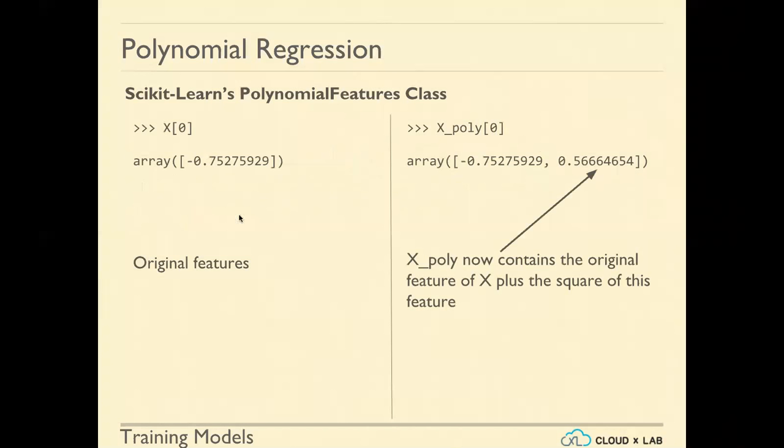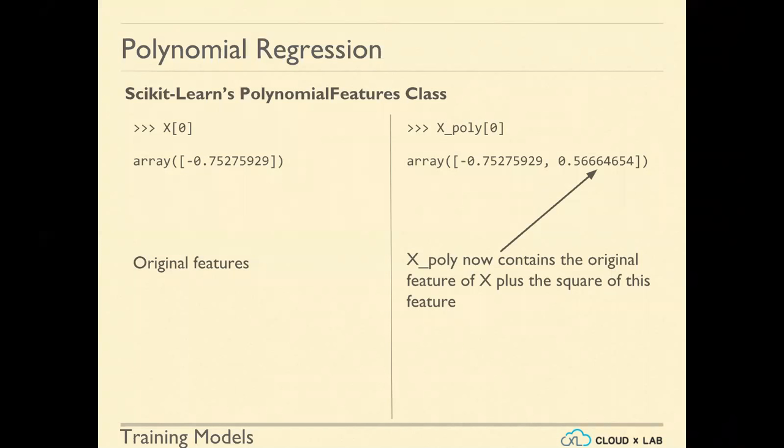Okay, if there are two columns here, what it'll do is it'll add the square of the first one, then it'll also add the square of the second one, and then it'll also add the multiplication of the two. Okay, so that way it makes your input data have more columns from the existing ones.